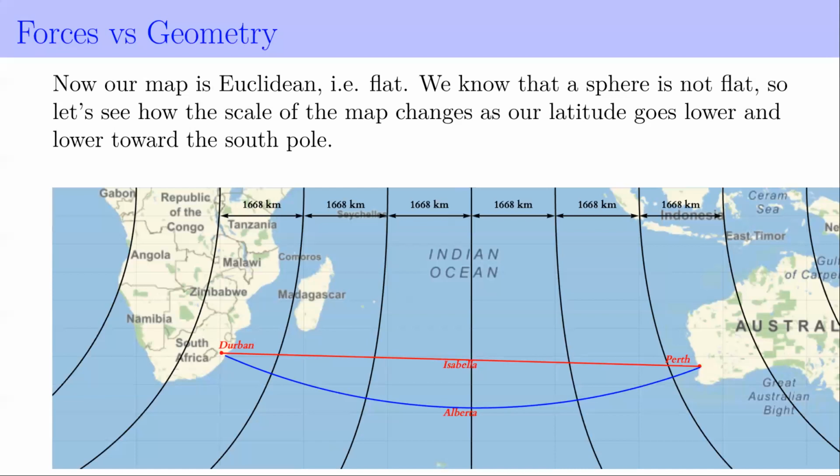Isabella's is not. That's why Alberta's flight is shorter than Isabella's, even though it looks longer on the map.